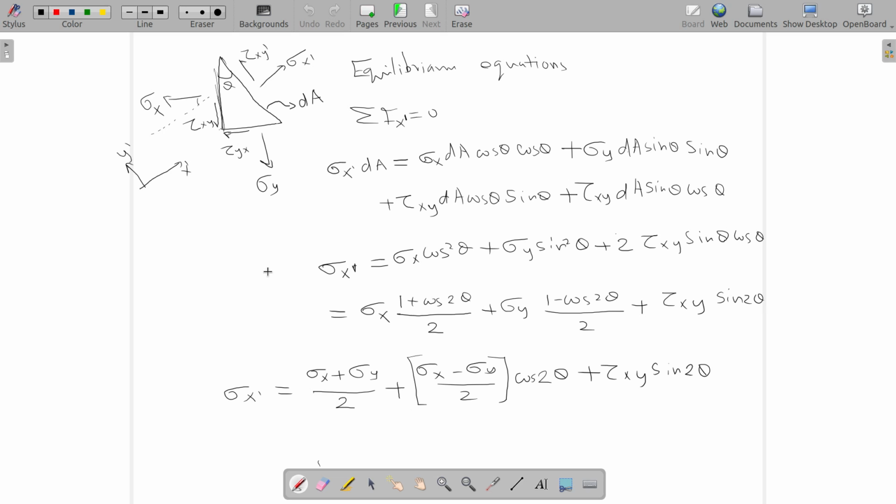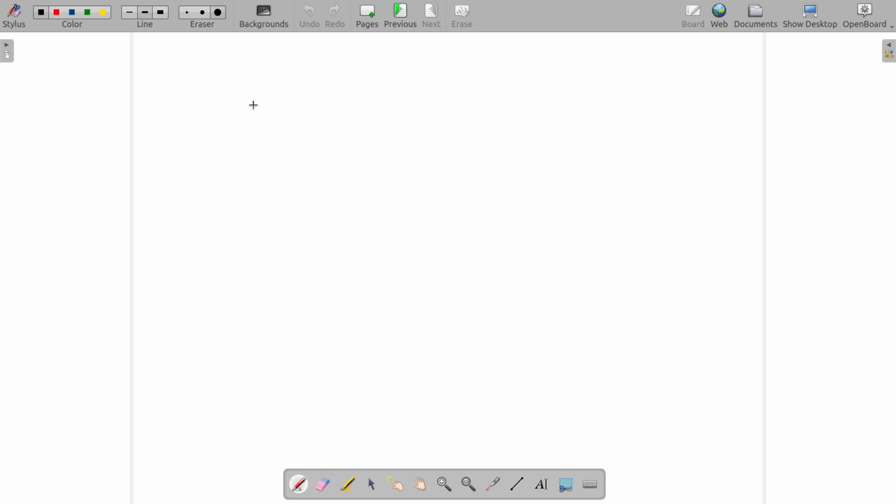Now similarly we have to also find out tau xy dash. So the exact same thing will be done. In the first case we have taken equilibrium equations in the x dash direction. In the second case you have to take it in the y dash direction. So the exact same procedure can be followed, and I will not do it here.